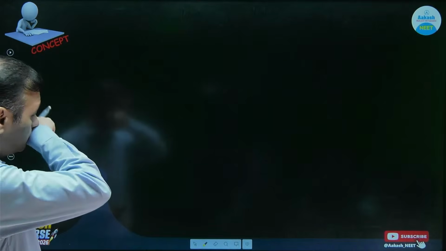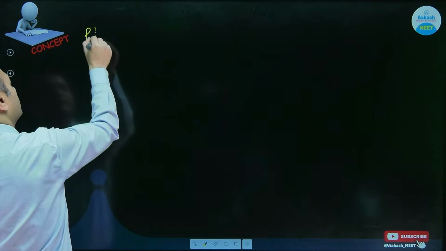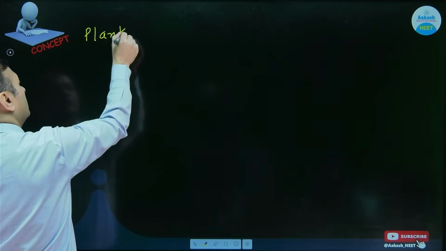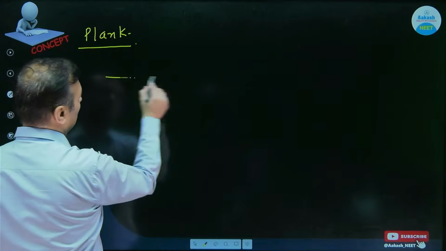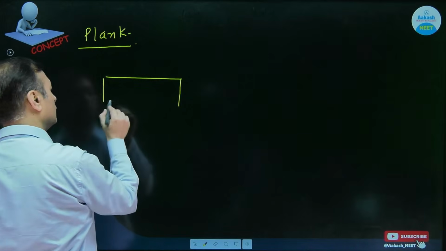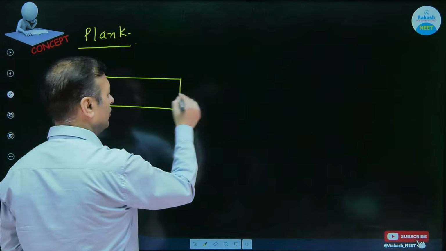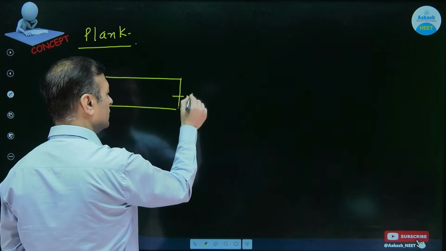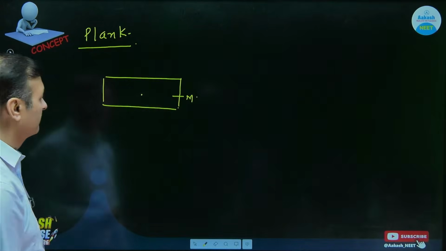Now, we have a very important situation. This is a situation of a plank. Let's suppose we have a plank of mass M. Its center of mass is this one.